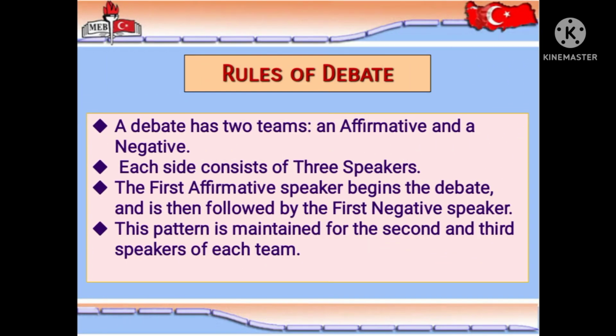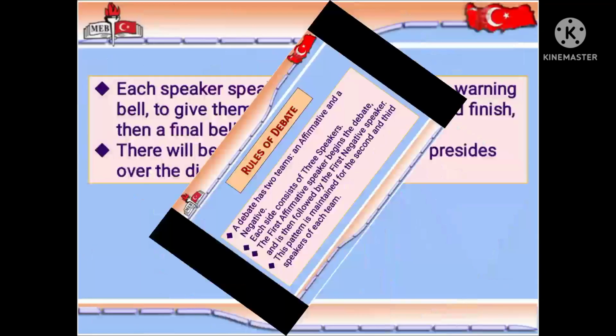Roles of debate. First, a debate has two teams, an affirmative and a negative. Second, each side consists of three speakers. Third, the first affirmative speaker begins the debate and is then followed by the first negative speaker. Fourth, this pattern is maintained for the second and third speaker for each team.